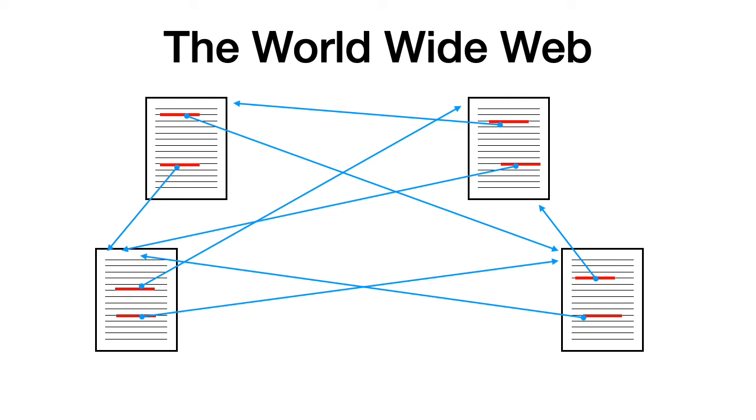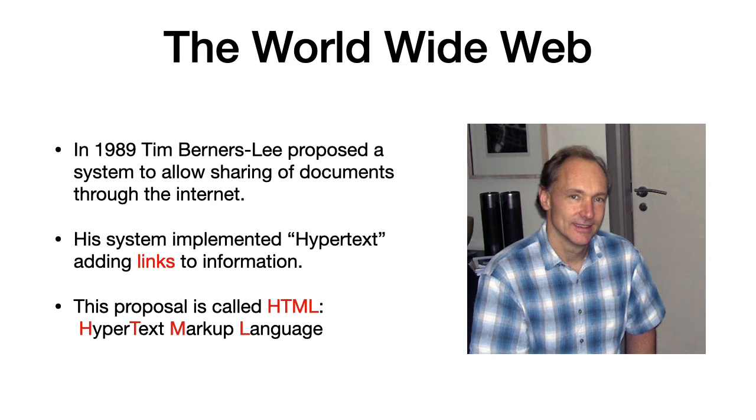So, now that we have this Internet, what can we do with it? This is going to be our next topic. In 1989, Tim Berners-Lee proposed a system to allow sharing of documents through the Internet. His system implemented hypertext, which made it possible to connect documents using links.